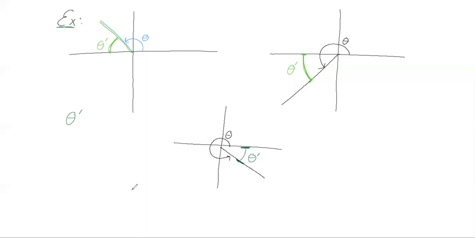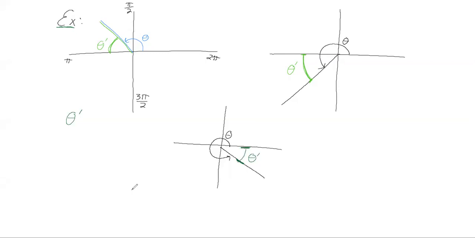If I rotate 90 degrees, that's like rotating pi over 2 radians. If I rotate 180 degrees, that's like rotating pi radians. If I rotate through an angle of 270 degrees, that's like rotating 3 pi over 2 radians. And if I rotate all the way around 360 degrees, that's like an angle of 2 pi.